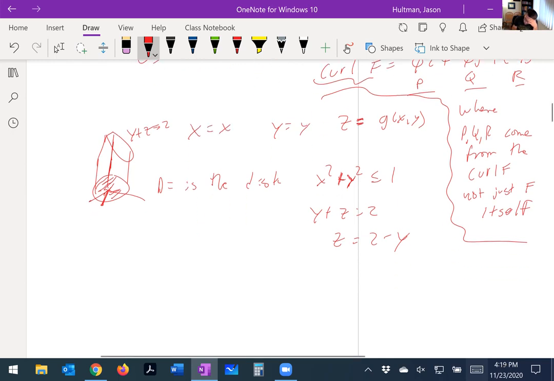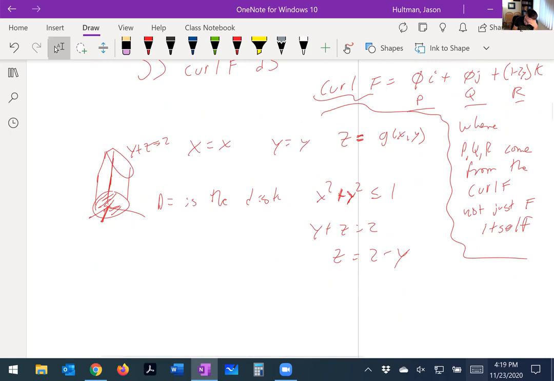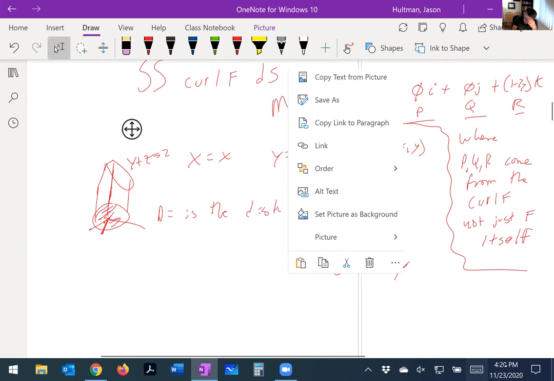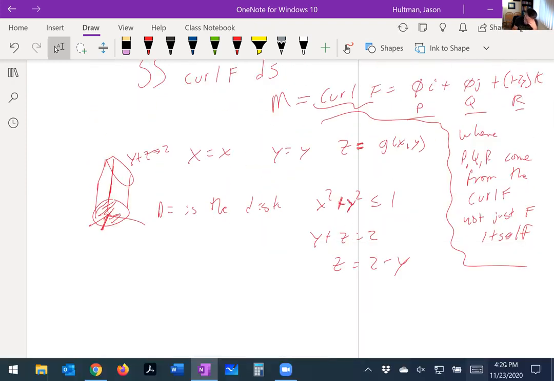So this would tell me that this thing, which maybe I can make another letter, how about M, because there's too many F's.